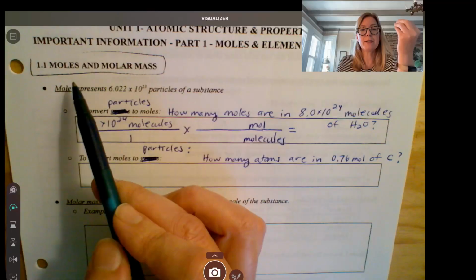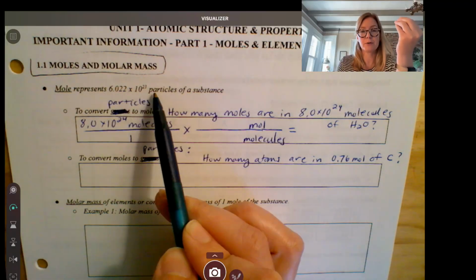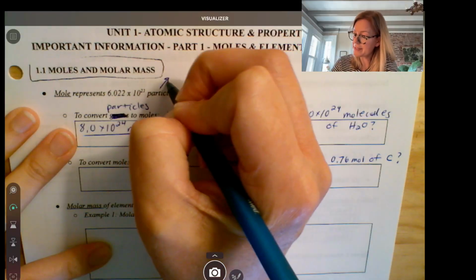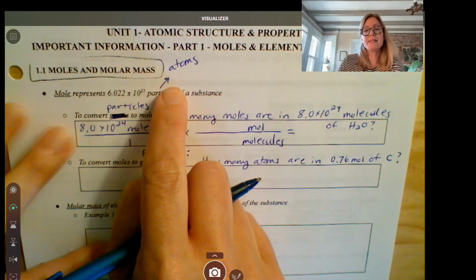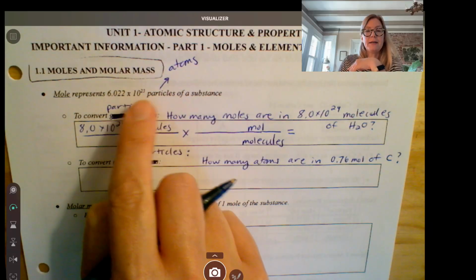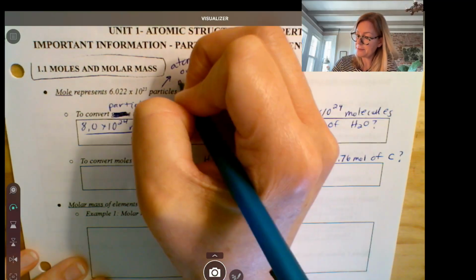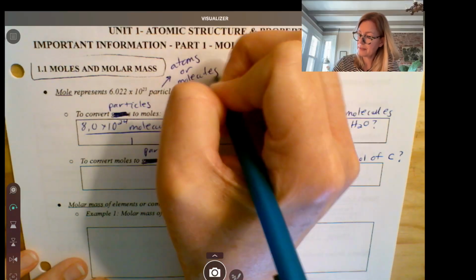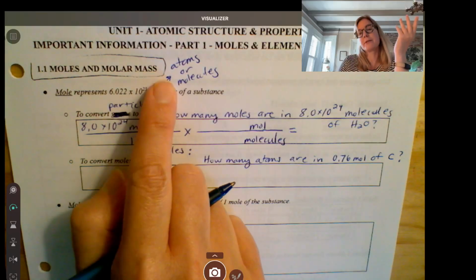So if you look up here, 1 mole is 6.02 times 10 to the 23rd particles. A particle of a substance, depending on what it is, is either atoms, so if it's an element, it contains atoms, or if it's a compound, it contains molecules. So a mole of carbon contains 6.022 times 10 to the 23rd atoms.